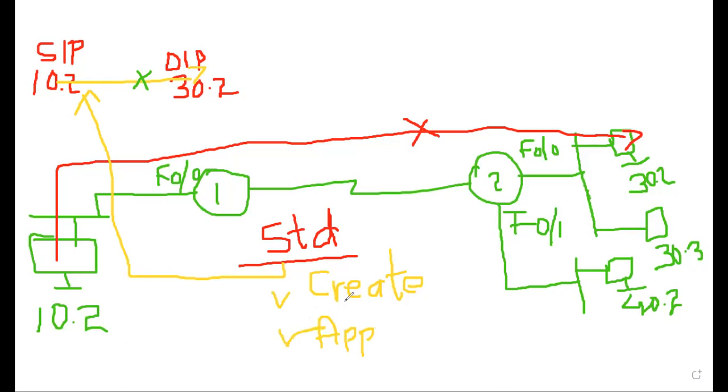While you create an access list, you need to satisfy the statement matching the source and destination. But according to standard, you can only create an access list which will address your source. So let's see.